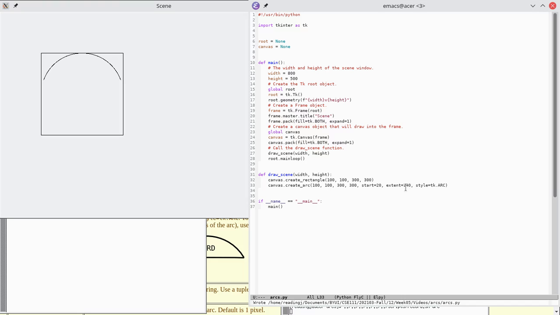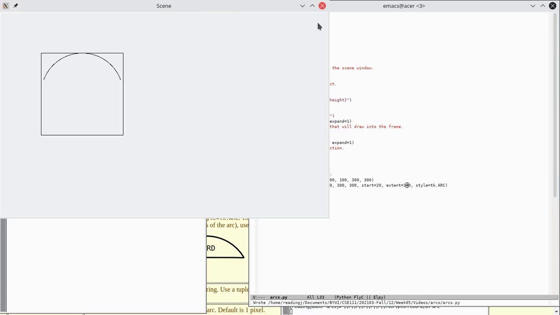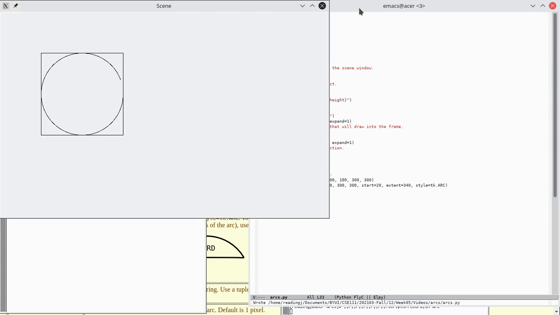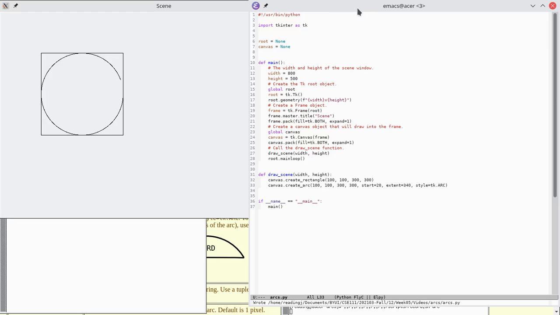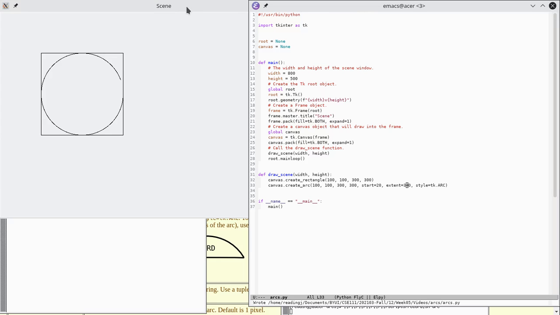I could also make this 340 degrees, and then you'd see the arc goes most of the way around. So positioning this point of an arc can be a challenge. You can get that point by doing some math again.